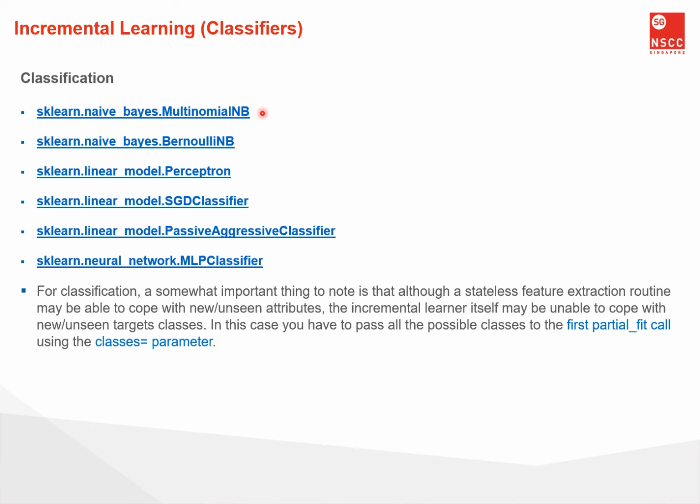In other words, all these estimators may not be able to cope with new unseen classes, I mean, unknown class labels that have not appeared yet. So it is important that you specify all the possible classes in the first partial fit call, to take into account this effect that the incremental learner may not have the ability to cope with new unseen classes if they don't appear in the first batch of training data.